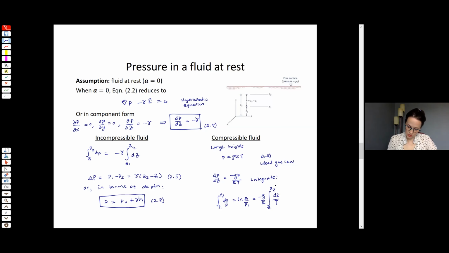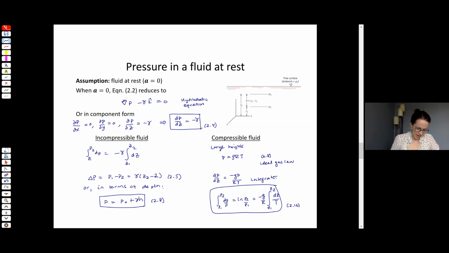This is equation 2.10. Now, we can't finish the integration because we don't know what T is. But if we have an expression for how the temperature varies with height or depth, we can integrate it. And so that's why this naturally leads us to the example of the atmosphere.